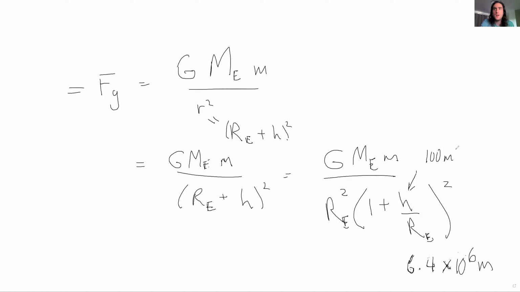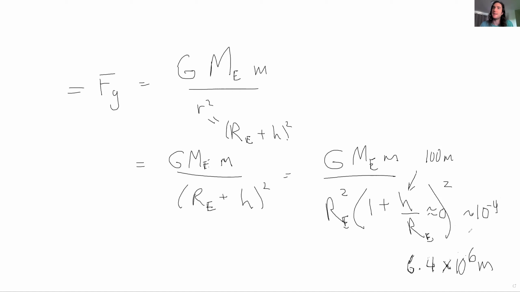We're dividing 100 by 6 million. It's approximately 0, right? It's negligible is the mathematical language. It's a negligible quantity. It doesn't matter. 1 plus something which is on the order of 10 to the negative 4 is virtually 1, right?